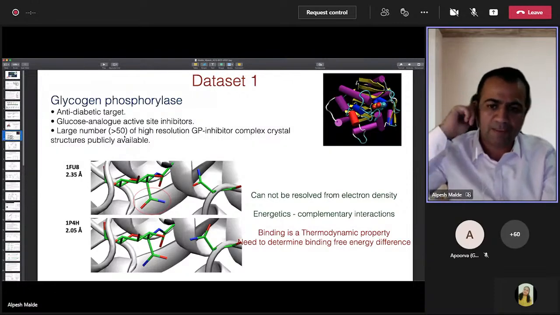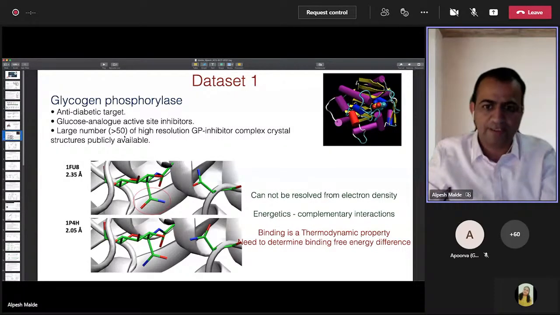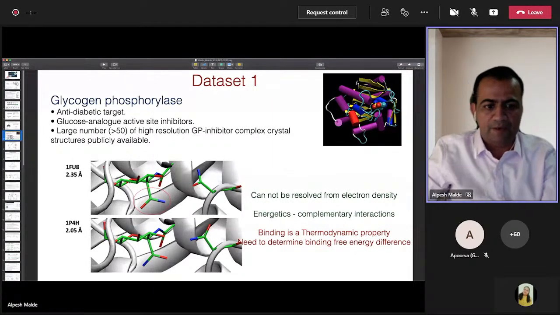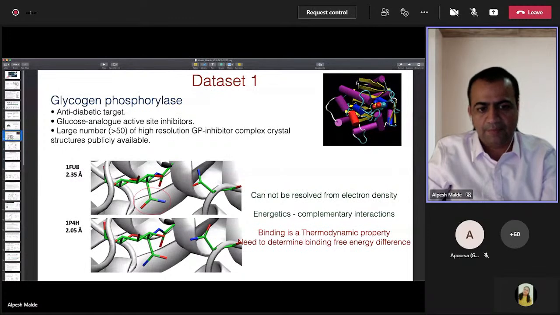But the problem started when we started analyzing the structures. So here is an example of a structure of the same inhibitor published by the same research group over a period of time. In one structure, the blue region is nitrogen and the red is an amide moiety here. The only difference between these two structures is the orientation of this amide group in the ligand.